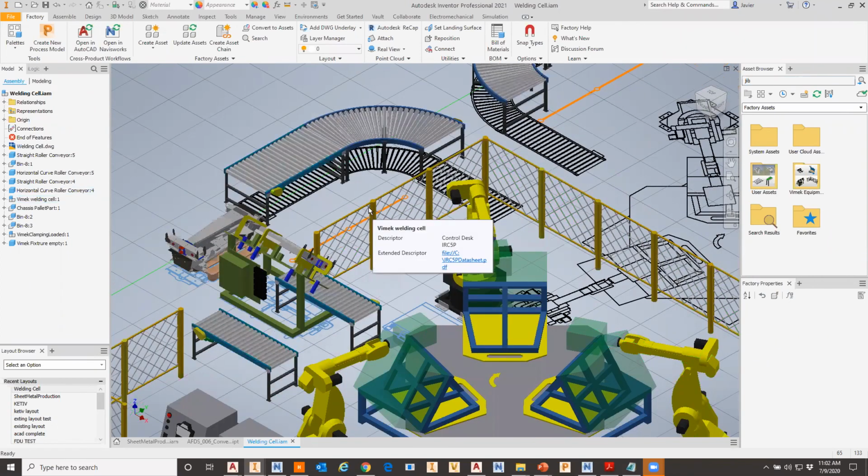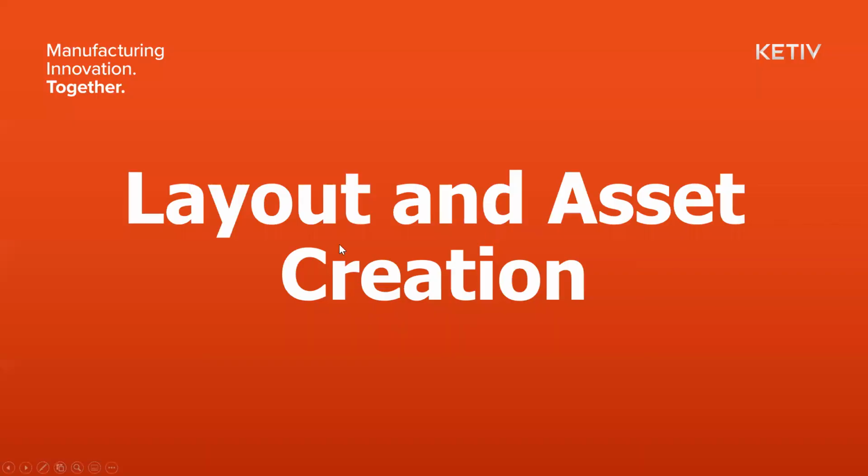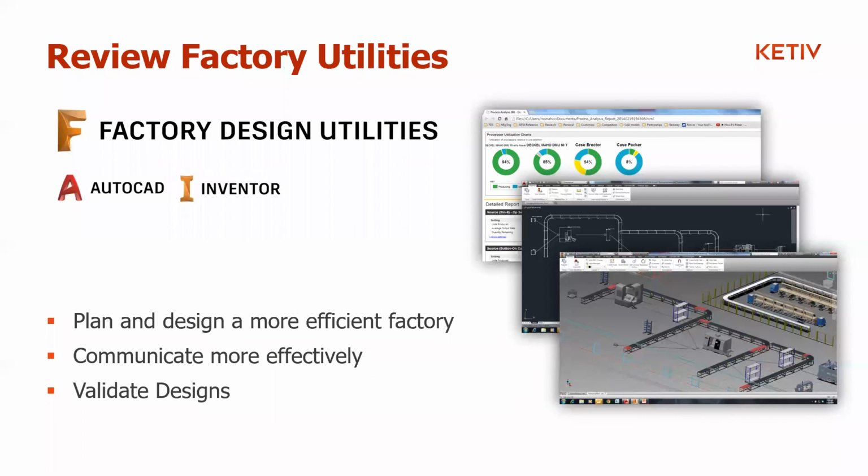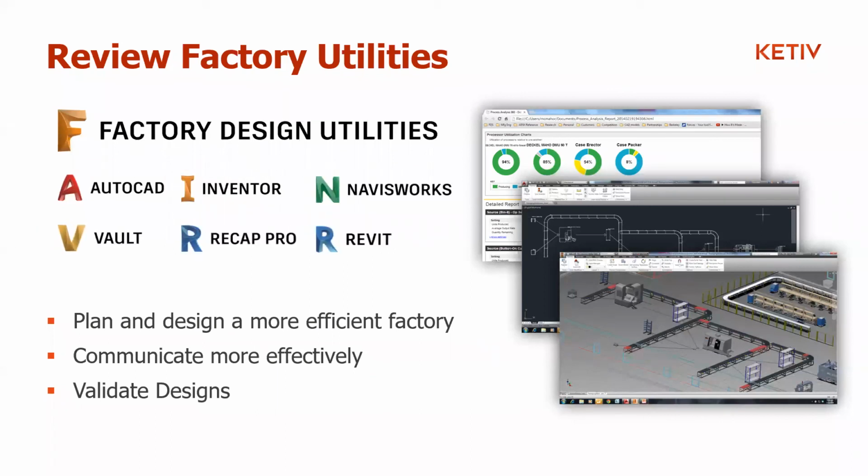I'm going to go ahead and jump back to my presentation here, and hopefully we could answer some questions here. But a quick review, right, in terms of what the tools do for you here?